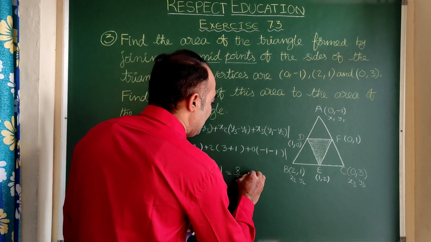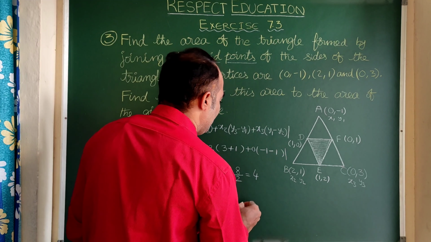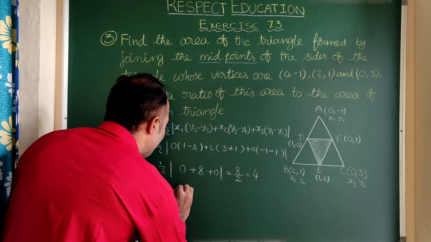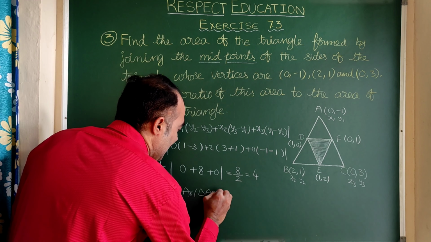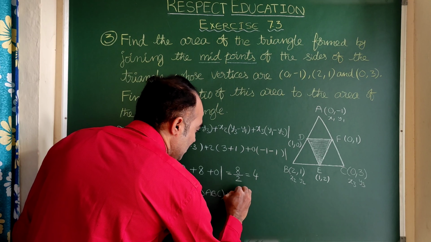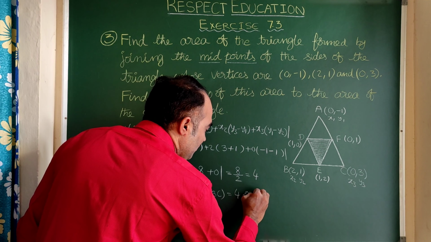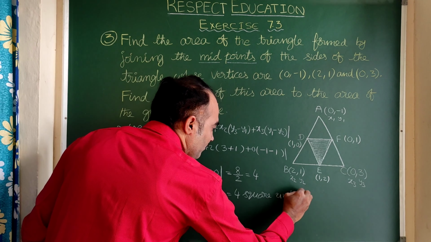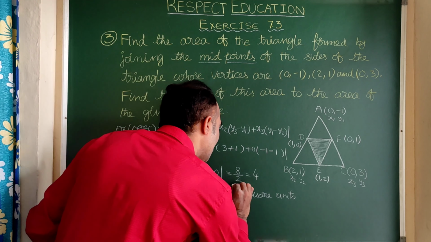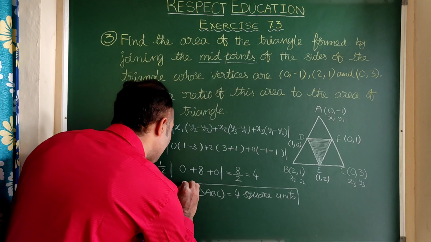So 8 by 2 is 4. Therefore area of triangle ABC is 4 square units.